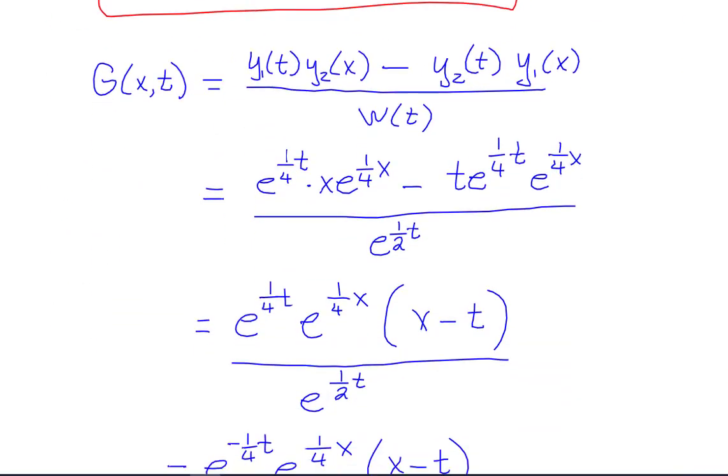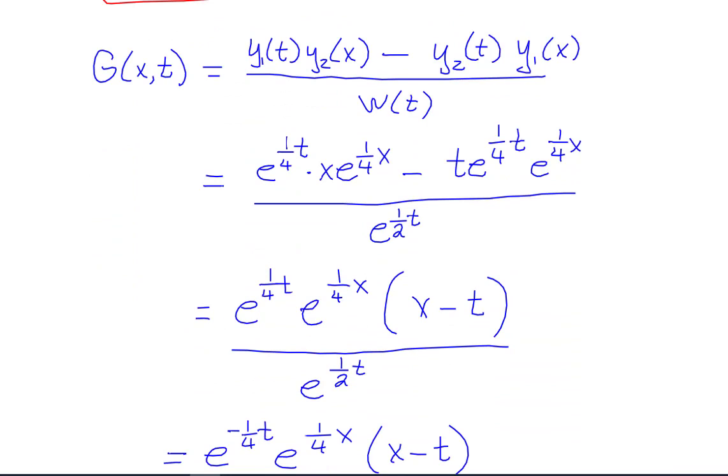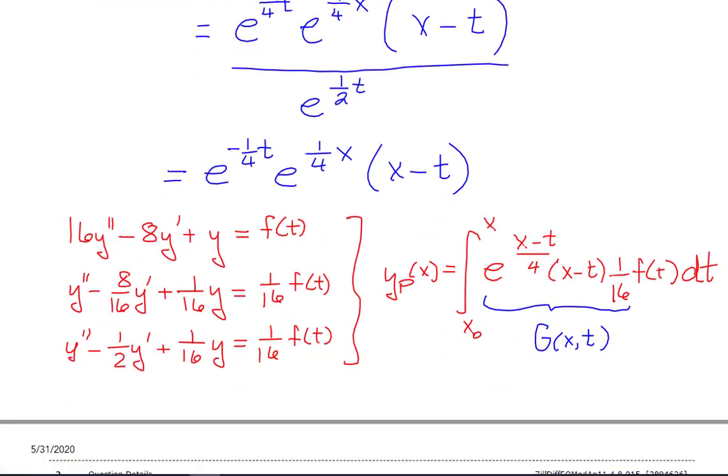All right, so coming back down here. So now I'm looking for my Green's function. I fill in y1 of t, y2 of x, y2 of t, y1 of x. Again, look to see what's in common that factors out. I've got e to the 1/4 t over e to the 1/2 t. Exponents subtract, giving me a minus 1/4 t.